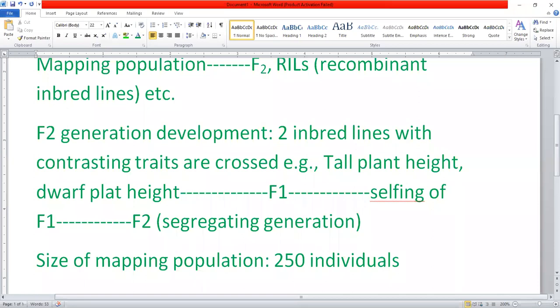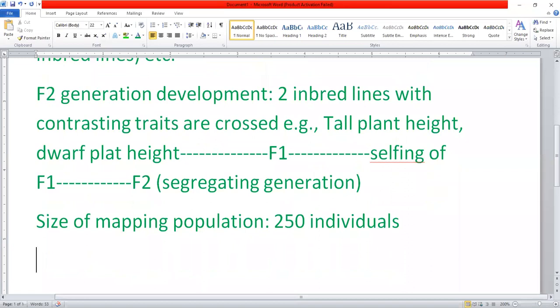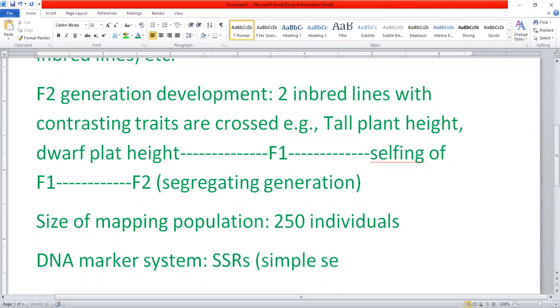In this case, we will use the SSR markers, simple sequence repeats.